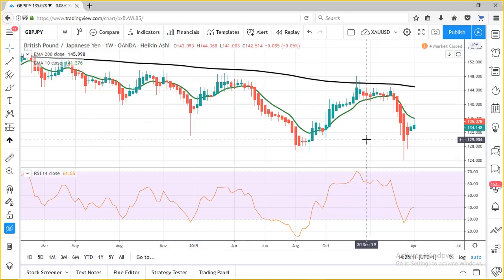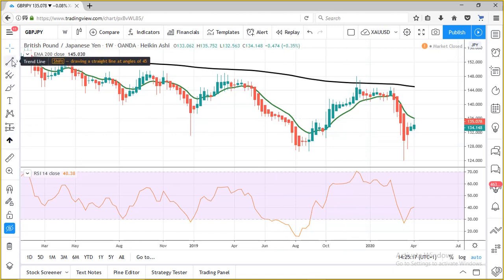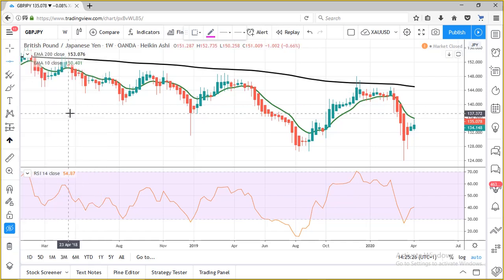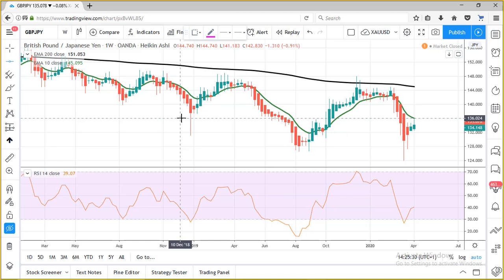Now, presently, this is where the market is. If you want to draw a trend line, like I told us, our analysis, there is no big movement for now here. So we need the weekly candle to do our analysis.